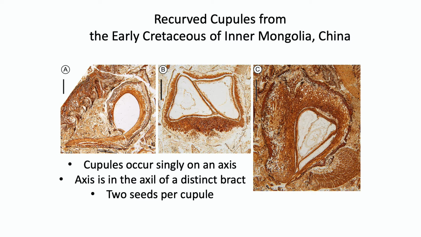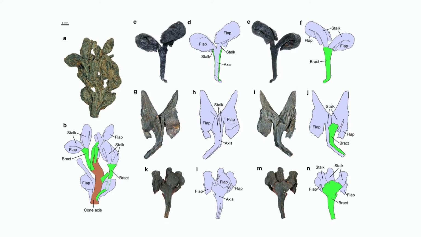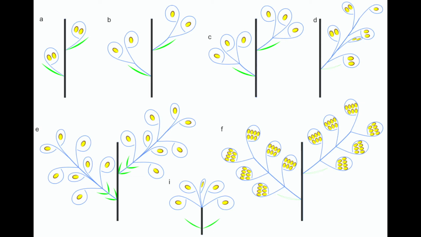And second, it provides very detailed information on the form and anatomy of a new kind of recurved cupule, which enables careful comparison with previously described fossils. And those comparisons lead to a unifying explanation for the several kinds of cupules that have been described previously, which have often been regarded as of separate, independent evolutionary origins.